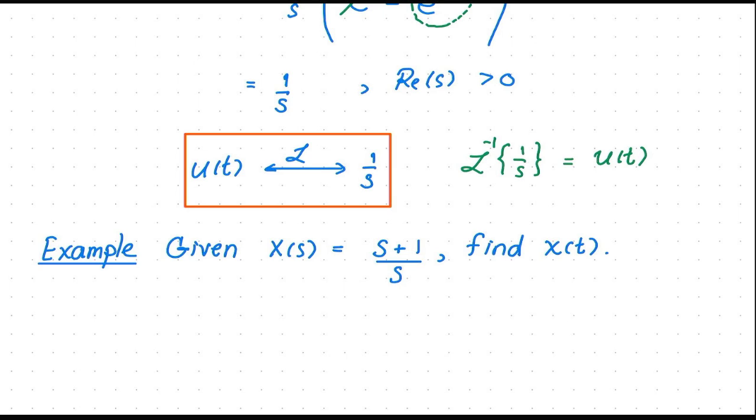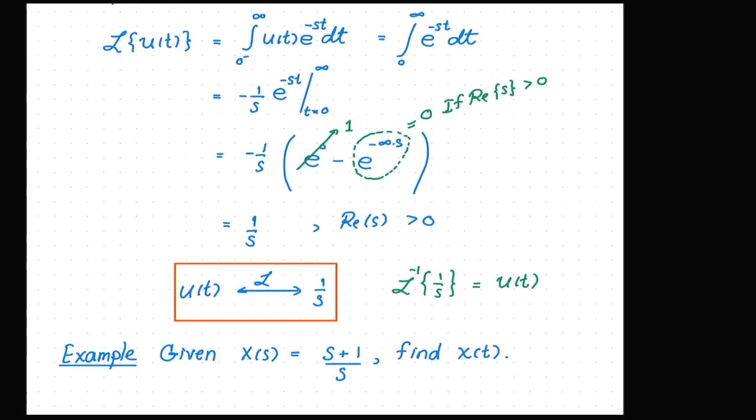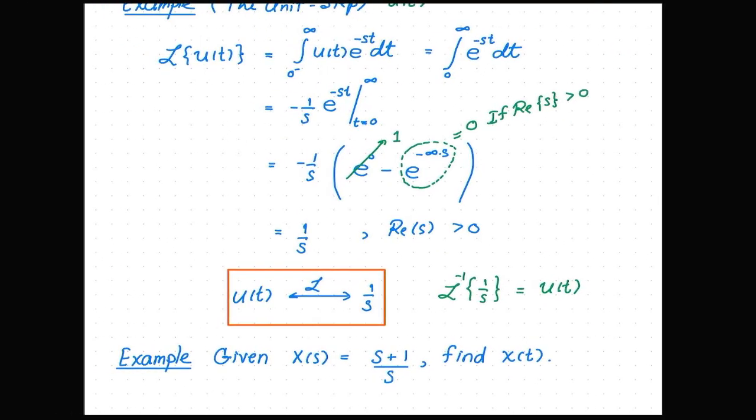Now, the trick is to try to rearrange this, to write this so that it appears in a form that we already know. Now, what have we known here?